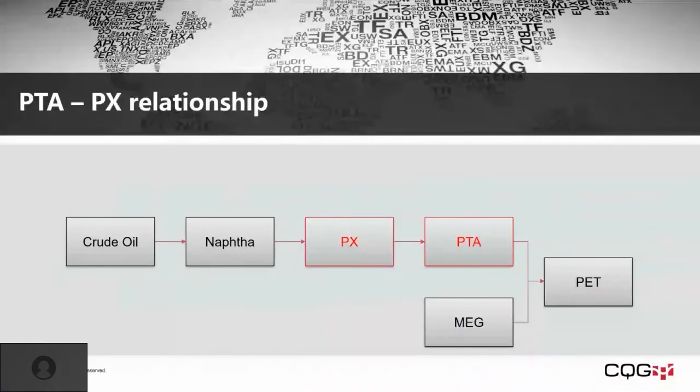So the next and the last thing that we can look at, obviously in the same chain, is the relationship between PX and PTA. So we see that this spread is very important, and the correlation is even obviously higher than the one with crude oil and PTA.